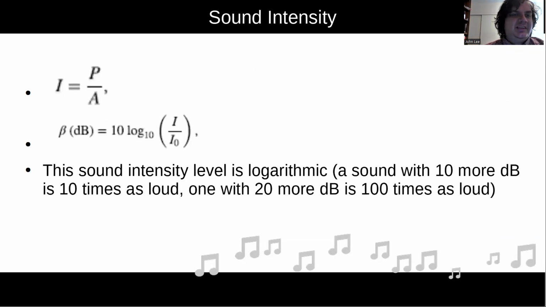So sound intensity is what we generally describe when we're talking about sound, which is equal to the power divided by area. It's power divided by area, instead of pressure divided by area, because the intensity, I, is given by how much energy is output over a given time, which is the power, and if you'll remember, power is work over time, divided by the surface area that it has to travel.